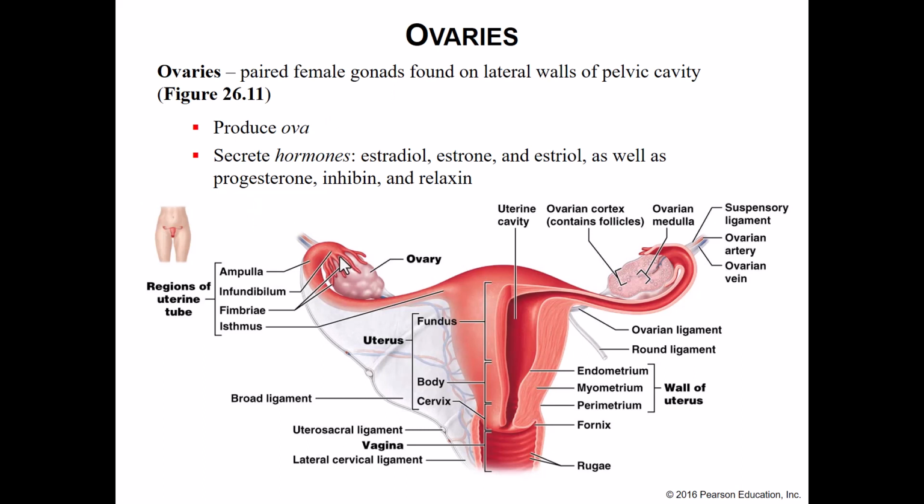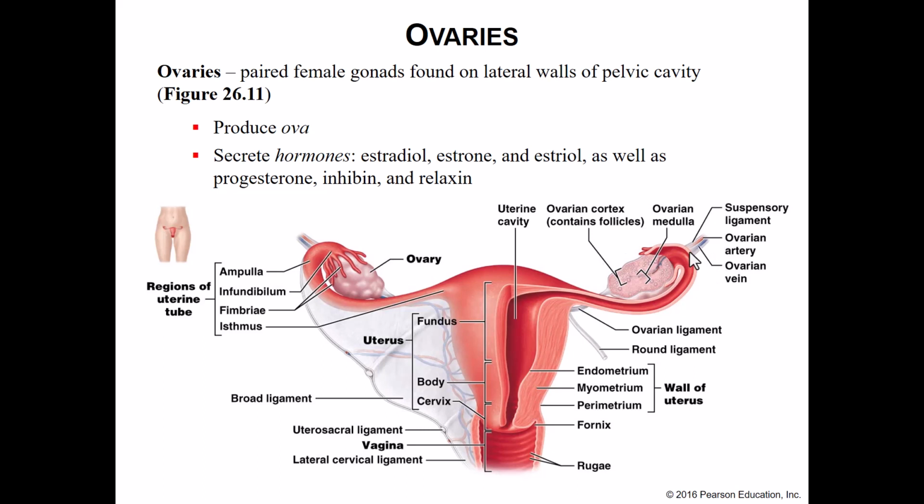And so there's a very minute gap between the fimbriae and the infundibulum of the uterine tube and the ovary. So technically, it's an open channel from the entrance of the vagina into the abdominal cavity because the ovary and the uterine tubes are not physically connected. There is a slight gap between them.